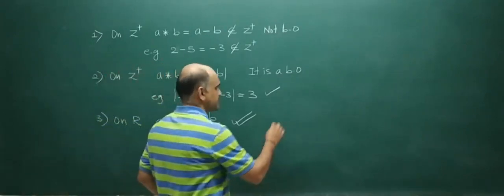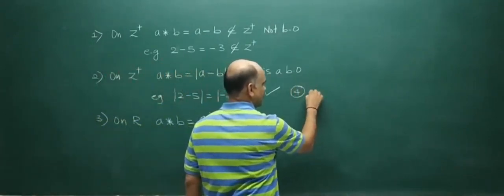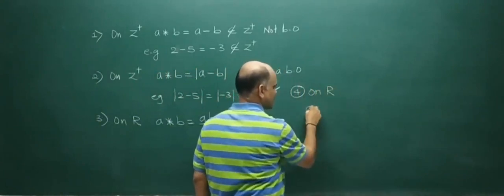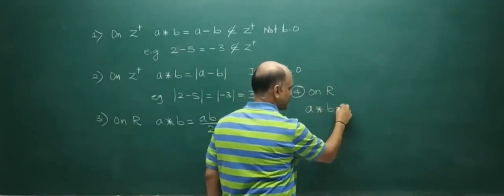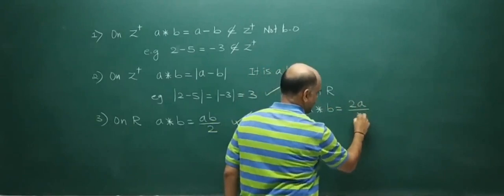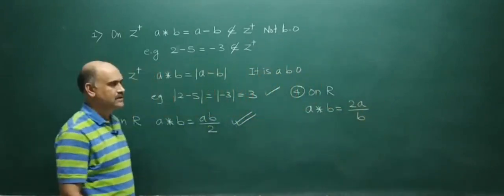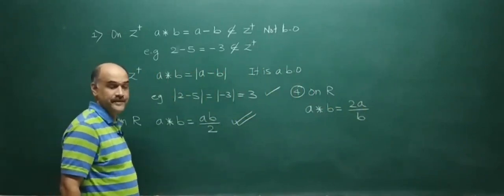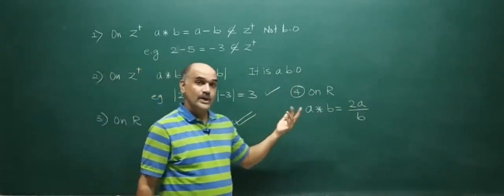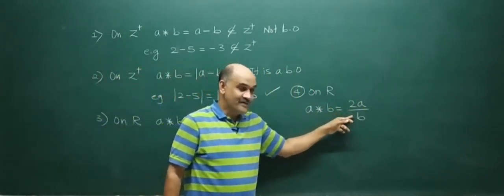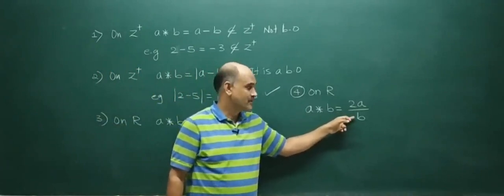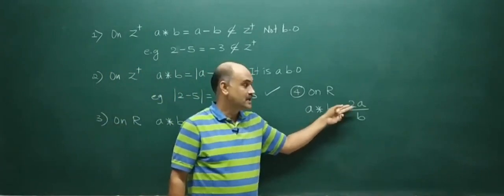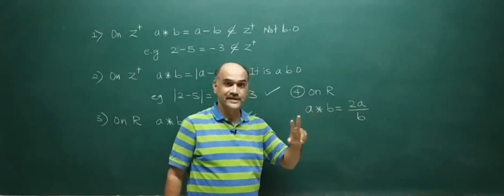Just if I change it, in this fourth one, on R, A star B is equal to 2A by B. Now here, if B is 0, the denominator is 0, and anything divided by 0 is infinity.